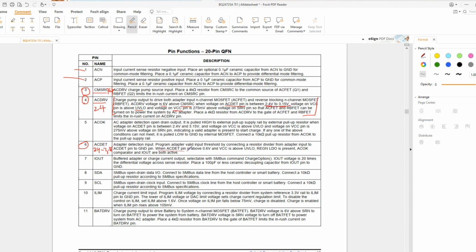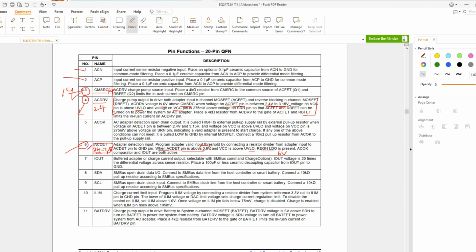So AC detect pin is above 0.6 volt and VCC is above UVLO and the LDO is present. The LDO is already present in this motherboard that we saw, it was 6 volt, so there's no problem with that. So the important checkpoint is only on 3 points. If we have 19 volt on pin number 3 and this range on pin number 6, then we should have a drive voltage.